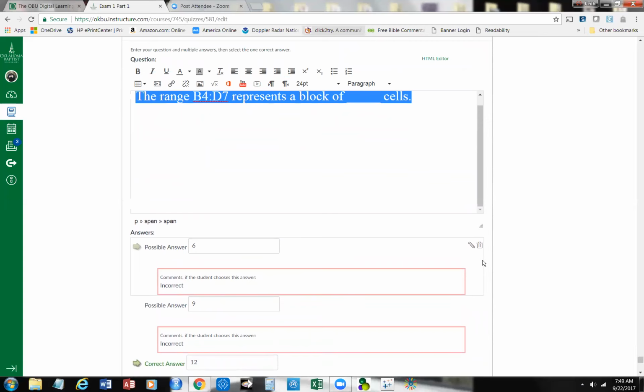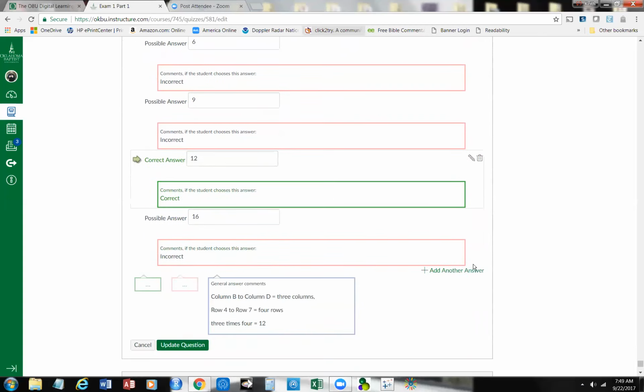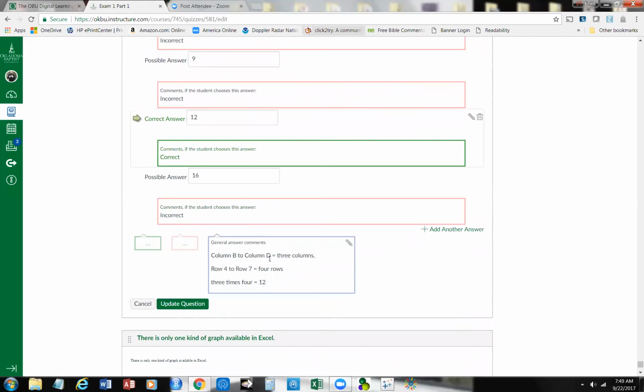B4 through D7. You can open up an Excel sheet and look for yourself, but I give you a general answer. Column B to column D is 3 columns. And row 4 to row 7 is 4 rows. 3 times 4 is 12. So the possible answer is 7. But the correct answer is 12.